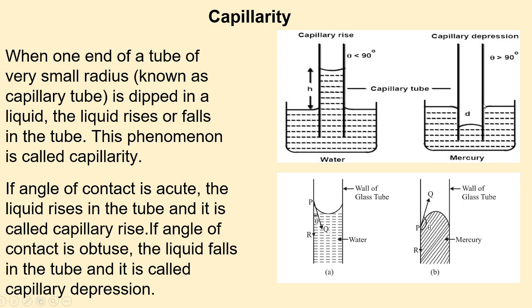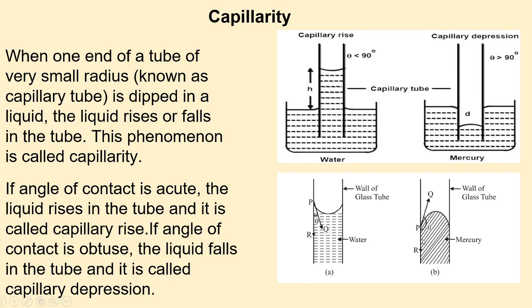On the right side, suppose we are placing the capillary tube in mercury. In that case the angle of contact is obtuse. This is the solid surface, and this is the tangent to the mercury surface. So this theta is greater than 90 degrees, an obtuse angle.